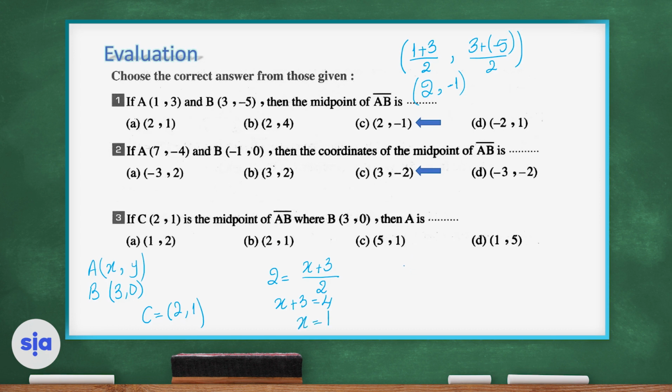And the y part in the midpoint, that is 1, came from (y + 0) over 2, then y equals 2. So the coordinates of point A are (1, 2). So here the right answer is choice A.